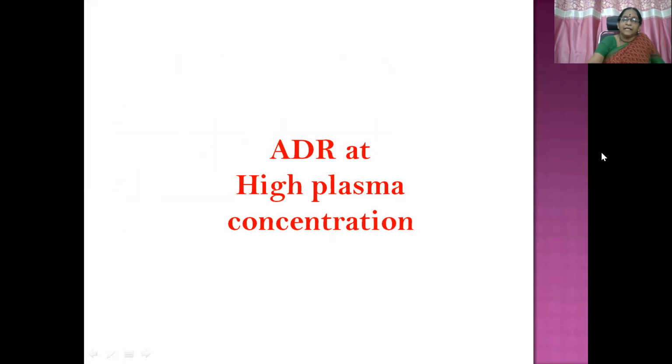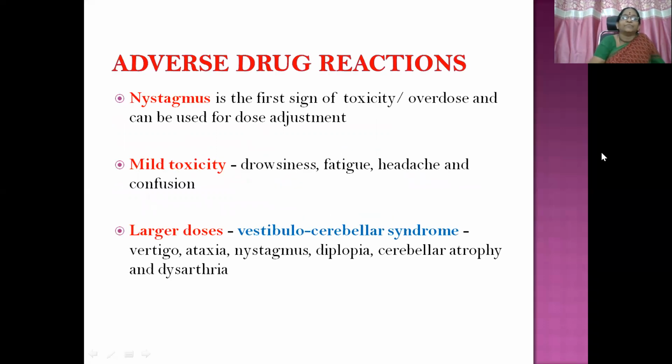Then ADR at high plasma concentration, what are they? Nystagmus is the first sign of toxicity or overdose and can be used for dose adjustment. Mild toxicity at high dose: drowsiness, fatigue, headache, and confusion.